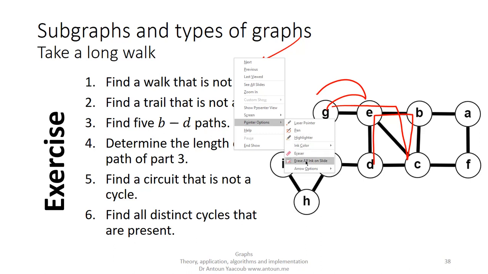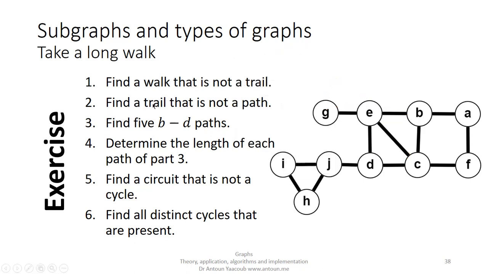Then they are asking us to find a trail that is not a path. So you can repeat vertices, but it's not allowed for paths. So you need to repeat vertices. We know in a trail there's no repetition of edges, but I can repeat vertices.